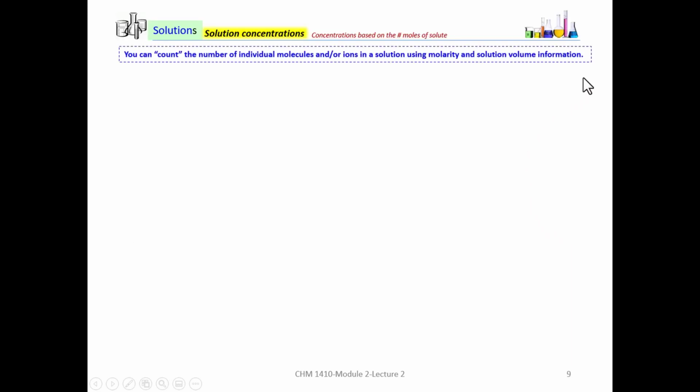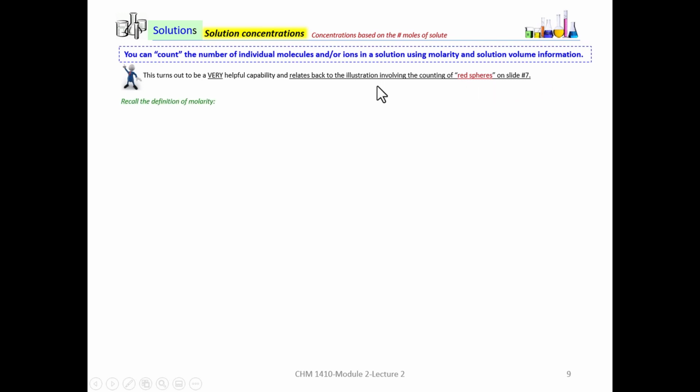You can count the number of individual molecules and or ions in a solution using molarity and solution volume information. This turns out to be very helpful and relates back to that illustration we just did involving the counting of red spheres on a previous slide. Recall the definition of molarity. Molarity is the number of moles of solute divided by the number of liters of solution.